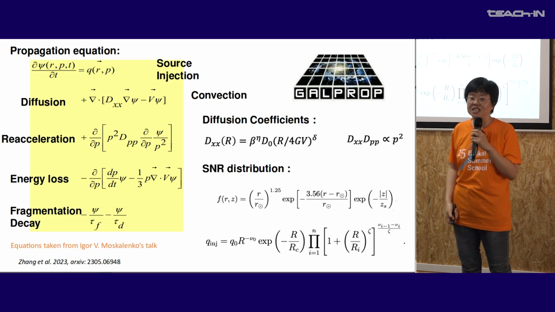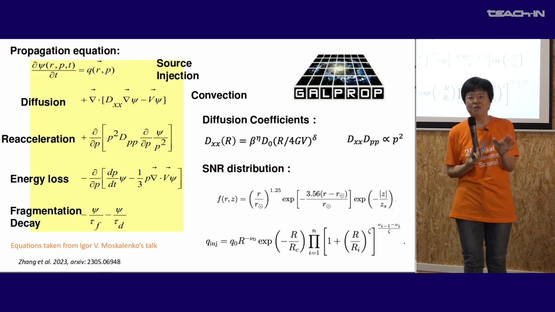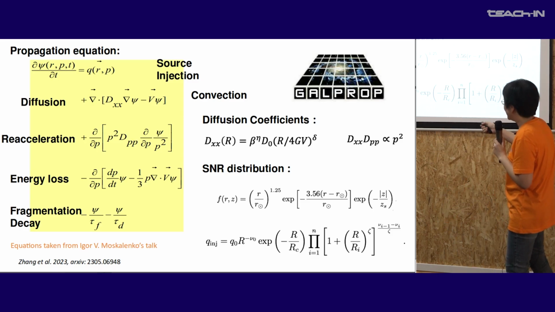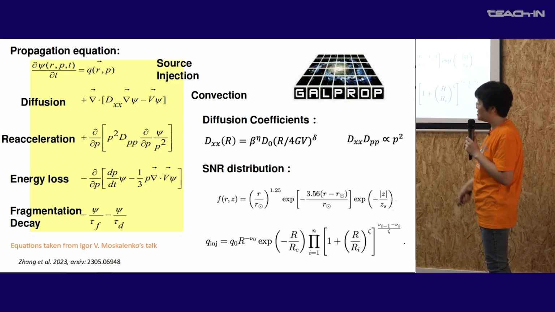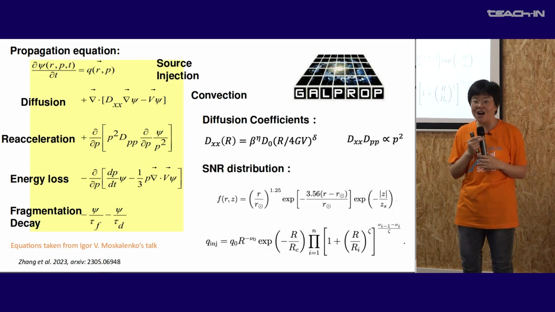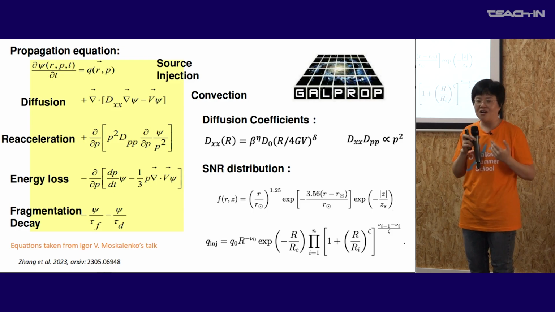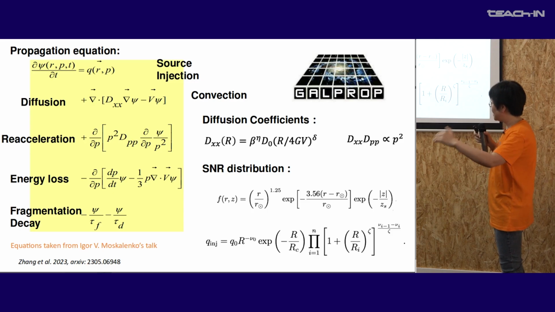Q is the injection function. As I told you, we assume only supernova explosions can emit the cosmic rays, and we have the supernova remnant distribution. The function is the spatial distribution, changing with the height z and the radius r. R star here is the distance from our Sun to the galaxy center, and r is the distance of the supernova remnant to the galaxy center.